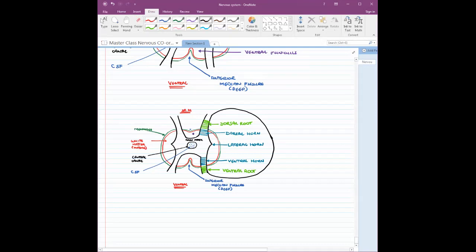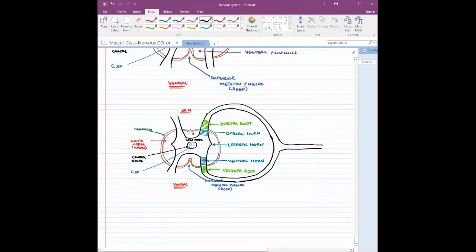Same way, this part is also going to come and meet over here. But when both of these meet together, what are they going to give rise to? They are going to give rise to your spinal nerve. They ultimately unite and give rise to your spinal nerve, guys. This is how the spinal nerve arises.